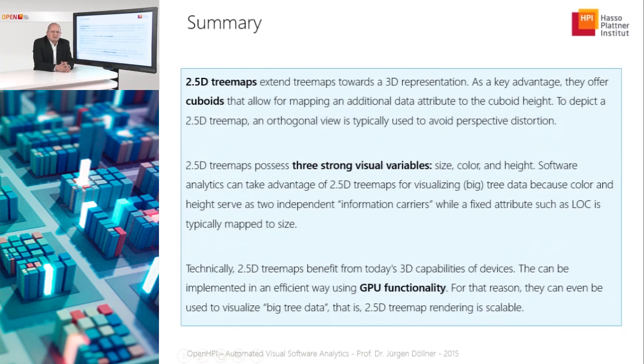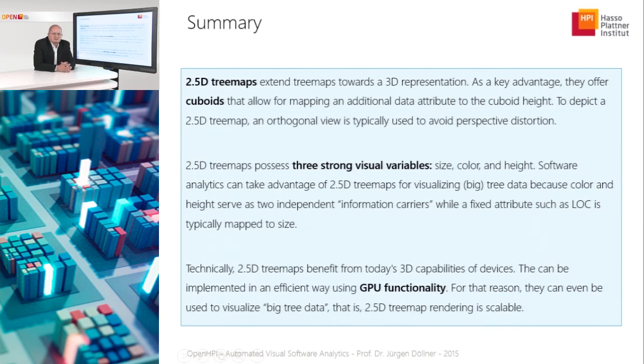To depict a 2.5-dimensional tree map, typically an orthogonal view is used to avoid perspective distortion. 2.5-dimensional tree maps possess 3 strong visual variables: the size, the ground size of a cuboid, the color, and the height.